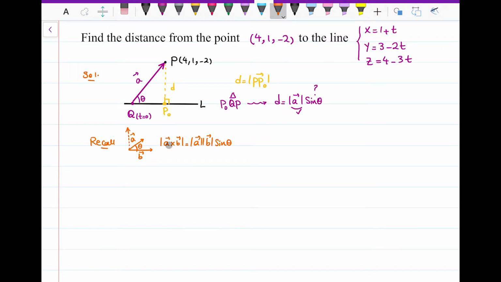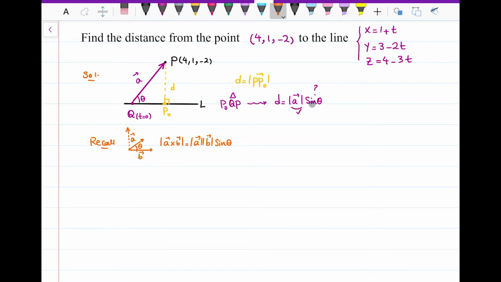So the magnitude of the vector is a number, the length of A is a number, the length of B is a number, and I have sine theta. So that's perfect. So I can find the sine theta by dividing the magnitude of the cross product over the multiplication of the magnitude of both vectors.